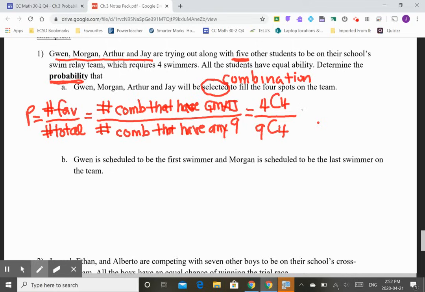Let's go ahead and calculate those numbers on our calculator. 4 choose 4 gives you 1. 9 choose 4 gives you 126. And there is your probability. So the probability that Gwen, Morgan, Arthur, and Jay are on the team is going to be equal to 1 out of 126.